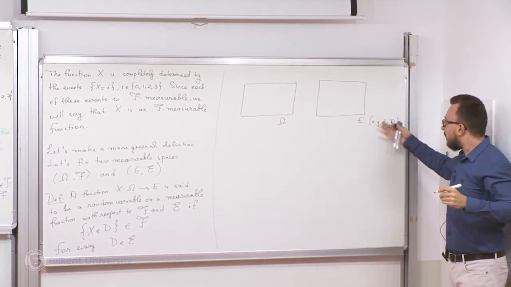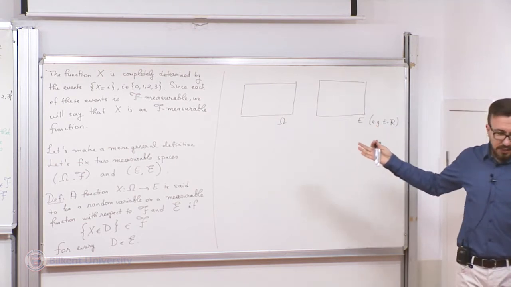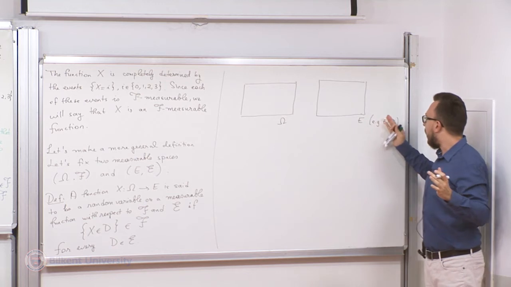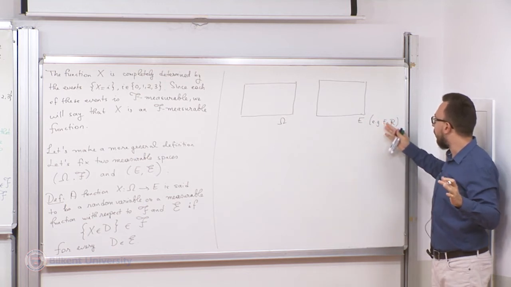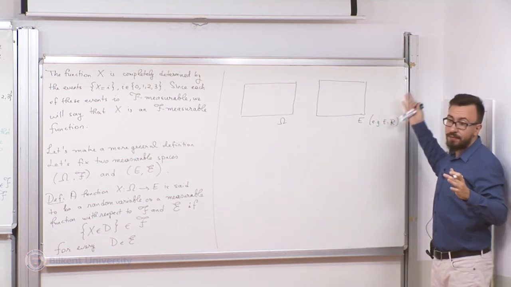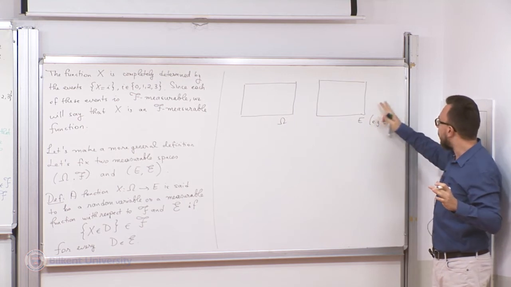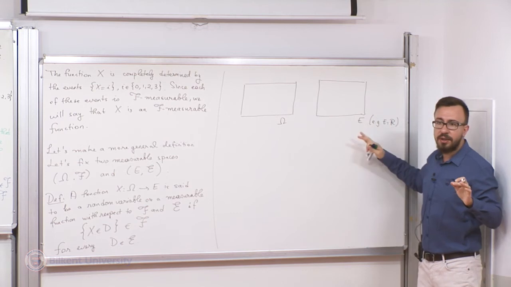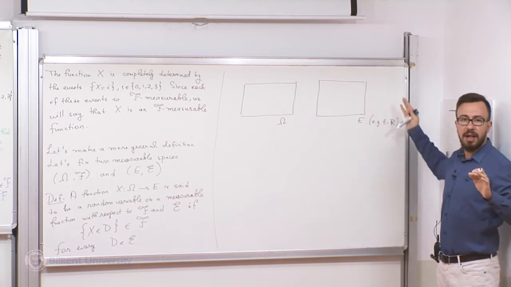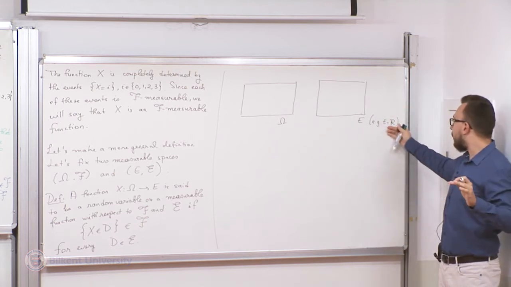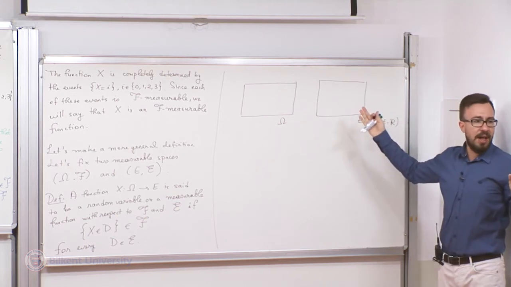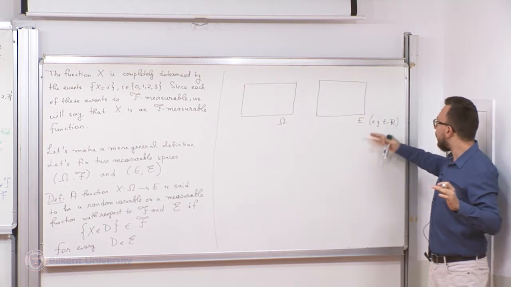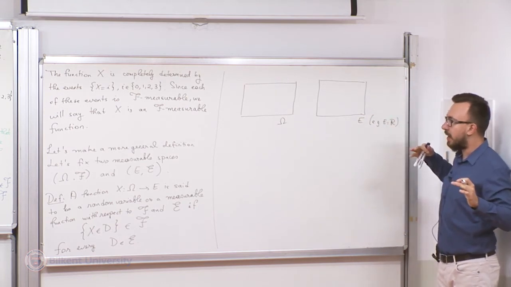So since this is typically a set of numbers, or maybe sometimes a subset of Rn, for instance, typically this is going to be a numerical type of space, okay? So there's going to be a sigma algebra, a natural sigma algebra here. If you work with the real line, it's going to be which sigma algebra? Borel, right? So there's going to be a natural sigma algebra there.